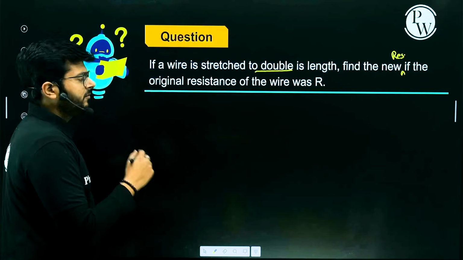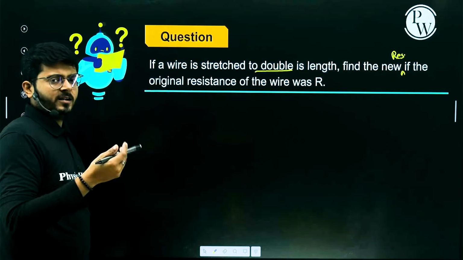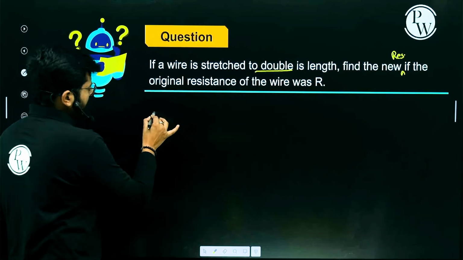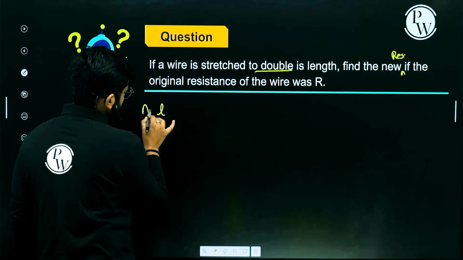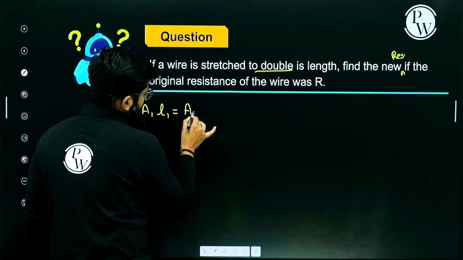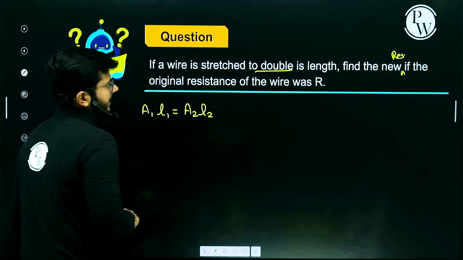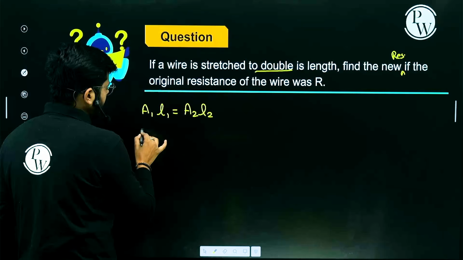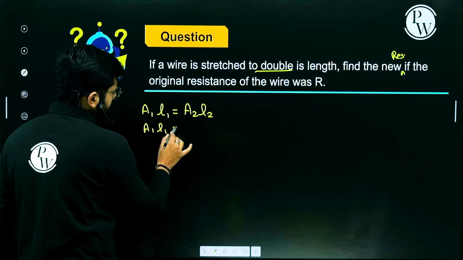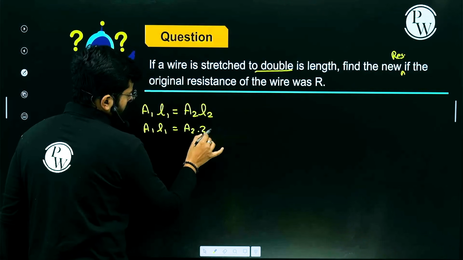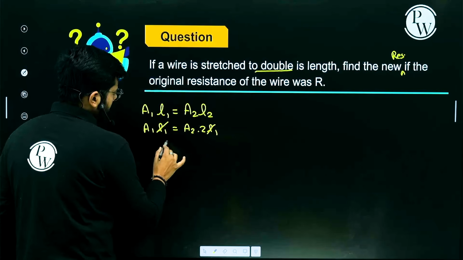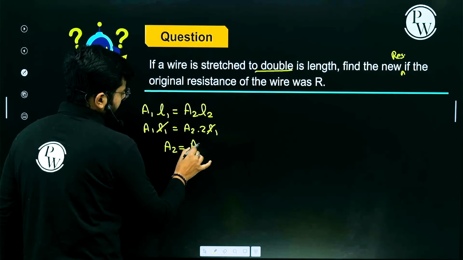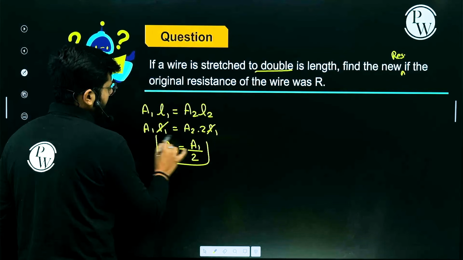But let us do that conventionally as well and see if our conclusion is correct. So right now what is happening? We can say the volume will remain the same upon stretching. So the wire is stretched to double its length. So L2 is 2 times L1. So you see that the area in the second case is half of the area in the original case.